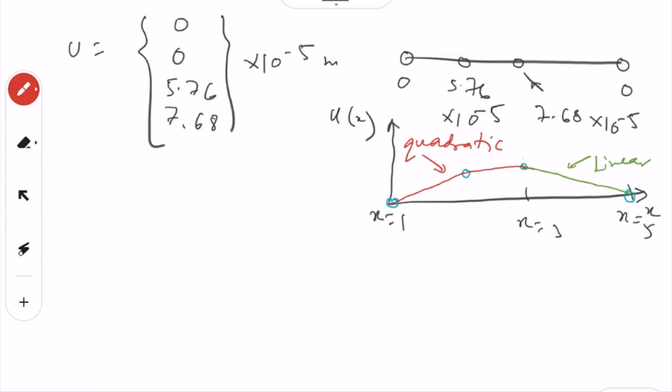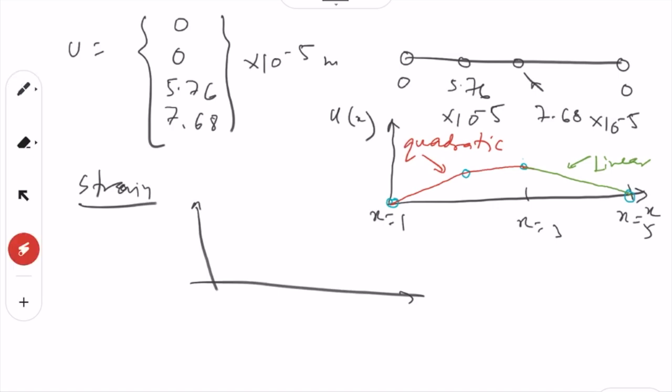Okay, so this is how it will look. Now you can also find out the strain. The strain you can plot, and simply it will be the slope. Here the slope is negative, hence the strain will be compressive, and there will be a linear line here. In this case you see a positive slope, so the strain will be positive.